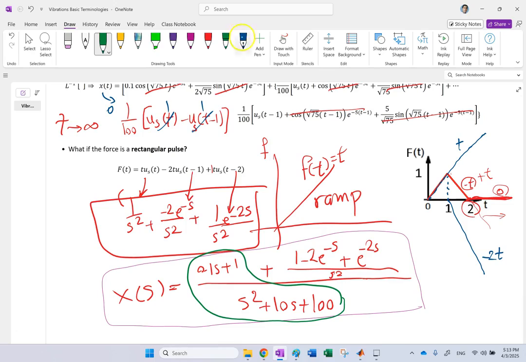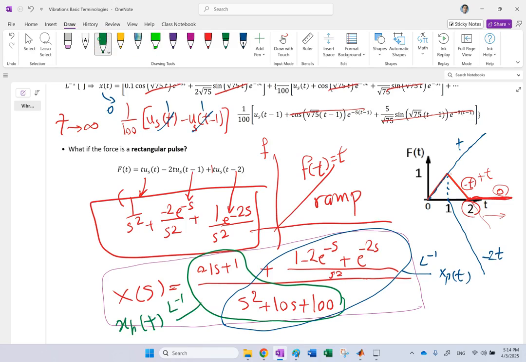This portion here is going to give you the particular solution. So this one, when you apply Laplace inverse, will give you xp of t. This portion, when you apply Laplace inverse, will give you xh of t. That's all you need to do. And that's your analytical solution.